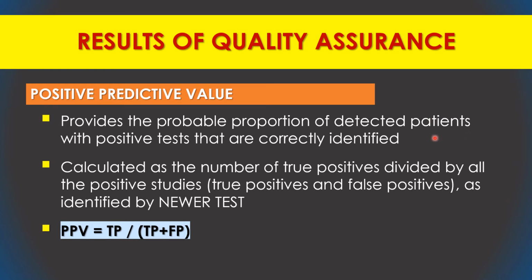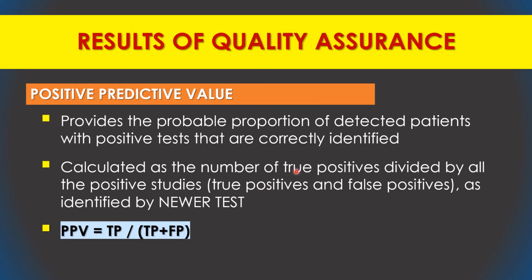That is talking about what? The true positive results. So it provides the probable proportion of detected patients, patients meaning the positives, with positive results that are correctly identified as positive. So this is the positive predictive value. This is how we can calculate it.